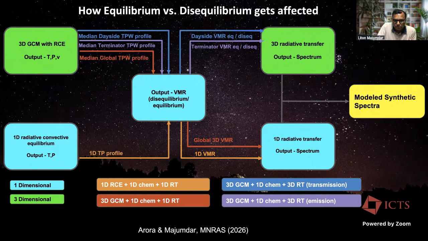So now we are looking into how the assumptions that go into typical models in terms of getting your PT profiles can also cause observable differences in the equilibrium composition and disequilibrium composition that you measure today, and whether these differences are also visible in the spectrum. So that then becomes an indirect way of constraining equilibrium versus disequilibrium processes under varying temperature pressure profile.